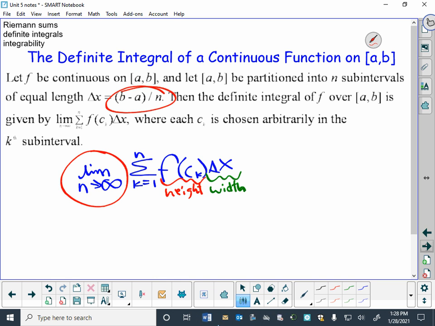We have followed along here. We've made a specific choice about our width of the intervals that we've got in there, and we're still arbitrarily choosing a c value from any point.